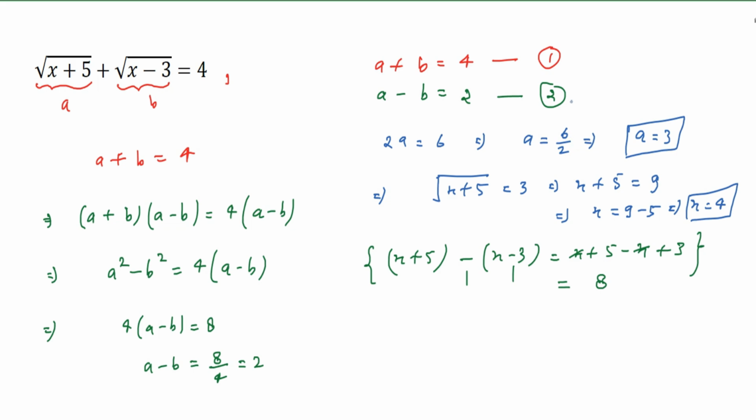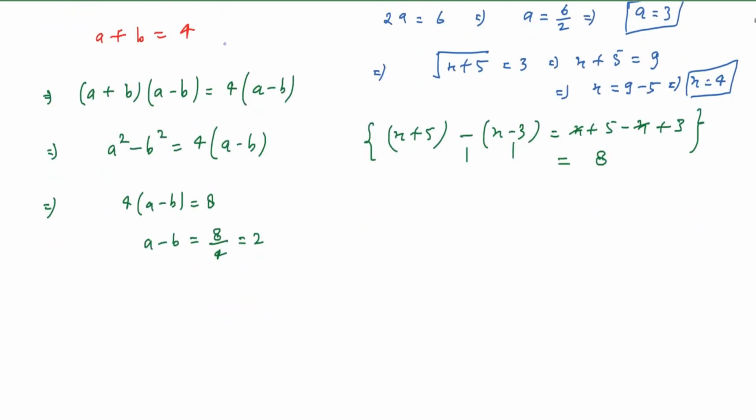Now, if we instead subtract equation number 2 from equation number 1, we have a + b = 4 and a - b = 2, and this is equation number 1 and this is equation number 2.